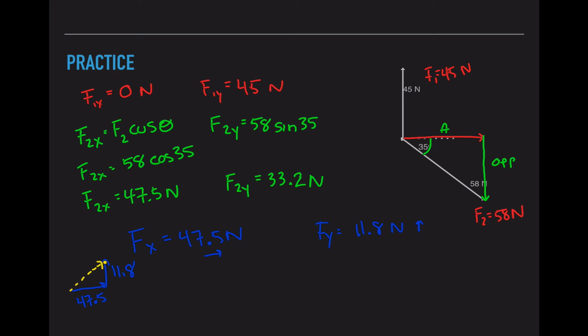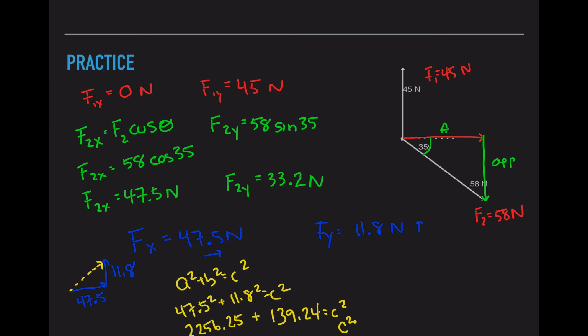Now that we've done all of this, we can go ahead and draw our resultant, solve for the resultant, and then flip-flop it for the equilibrant. So to solve for the resultant, a squared plus b squared equals c squared. 47.5 squared plus 11.8 squared equals c squared. 2,256.25 plus 139.24.